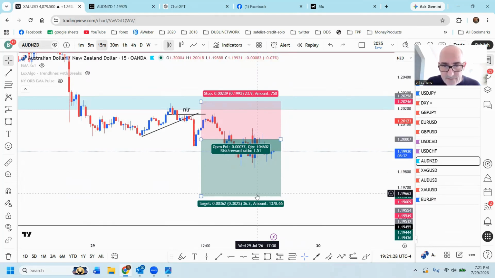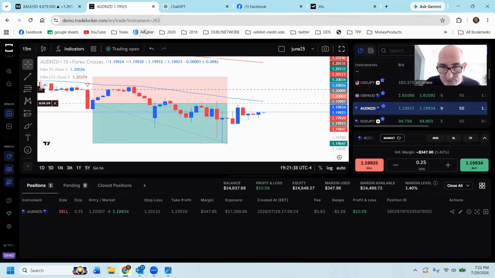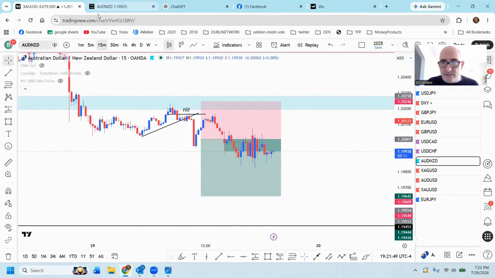You see this? This is the same area. These wicks stop at 1.19826, and here they're all the way down to 1.19647. So that's a big difference, right?